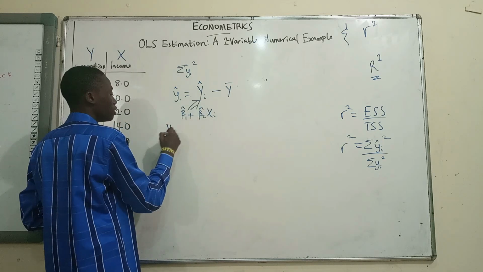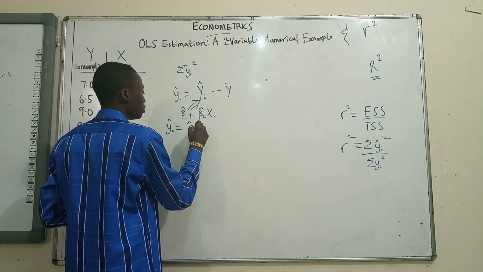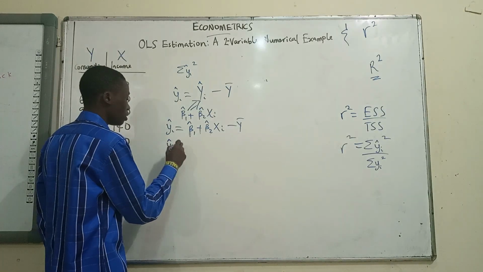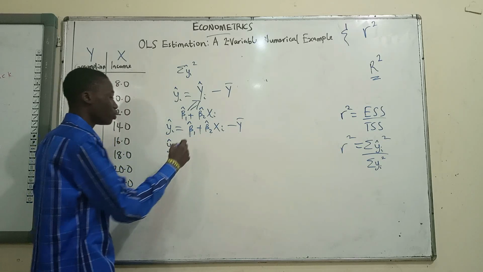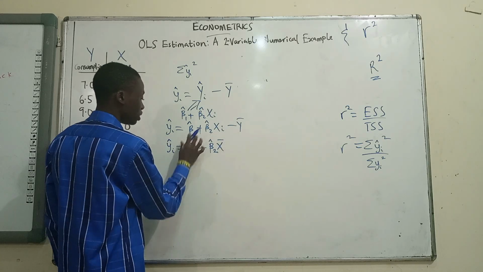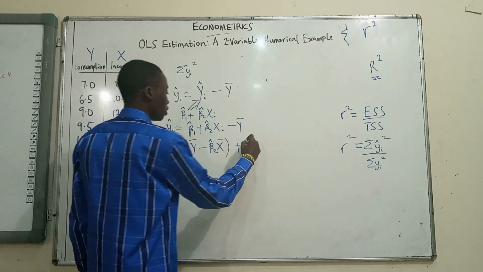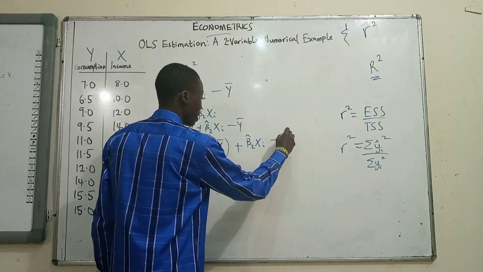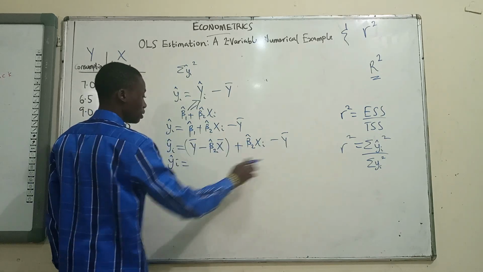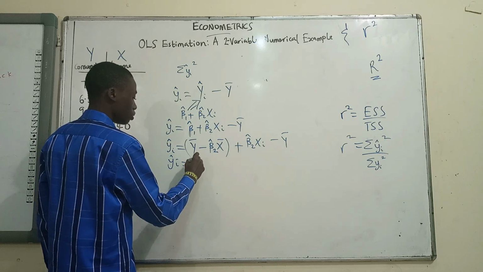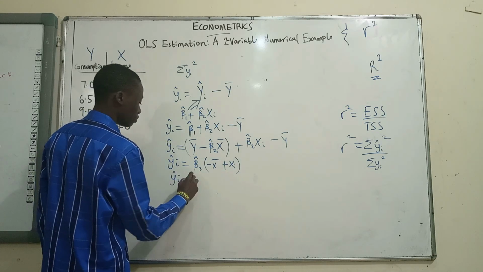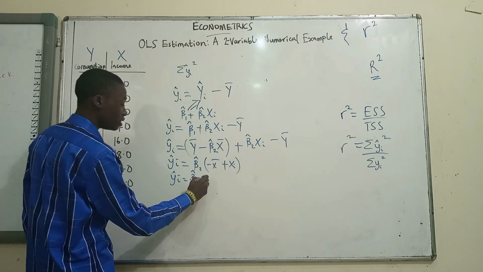So if we plug this in, our small y will be beta 1 plus beta 2 xi minus y bar, and this will be our beta 1 from OLS estimation. We know that beta 1 is y bar minus beta 2 x bar, right? So this is y bar minus beta 2 x bar plus beta 2 xi minus y bar, okay? We take out y bar, and then we bring out beta 2, we'll be left with xi minus x bar, which is the small x.